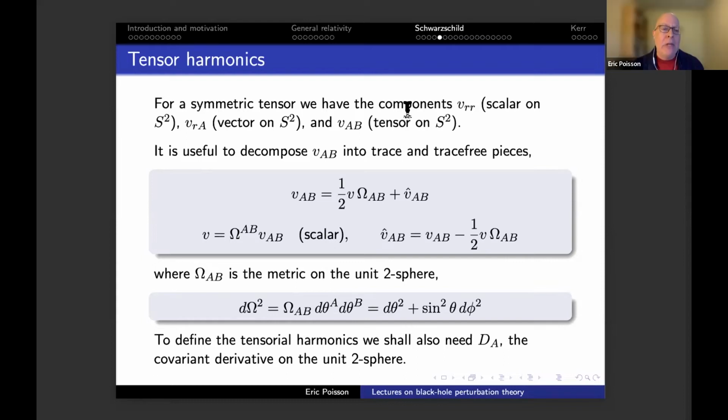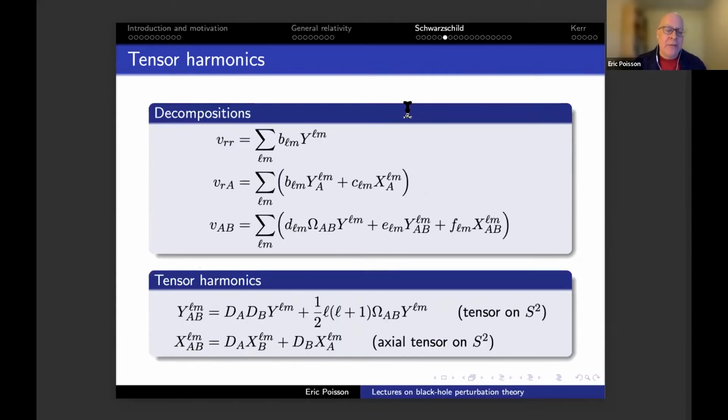Okay, so now let me do the rest of it. So we have the scalar part and we have the vector part, under control. So now we just need to go the next step and take the tensor, the spherical part. So this is the scalar, this is the vector.